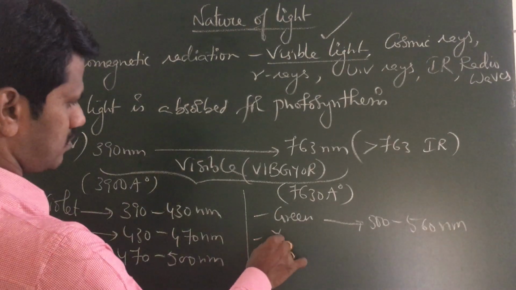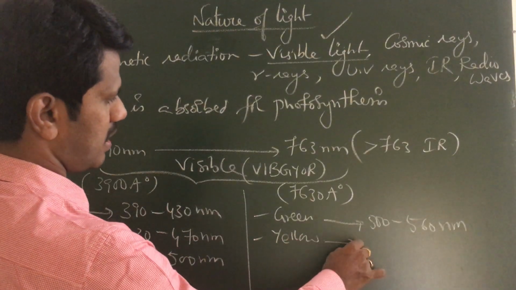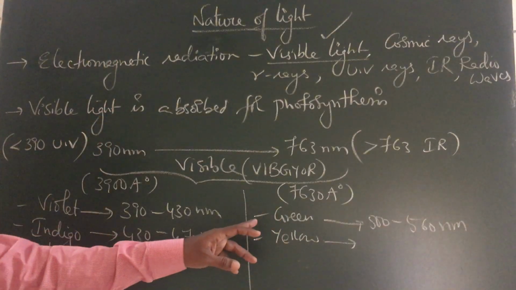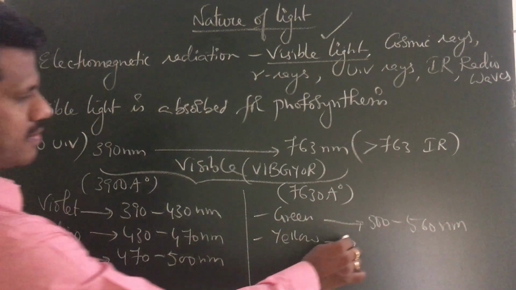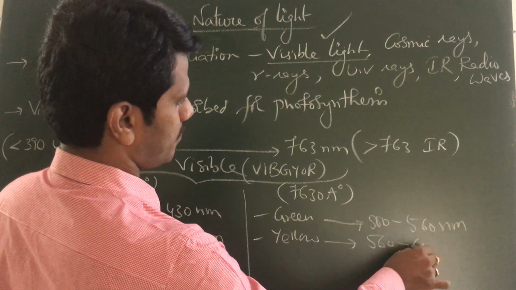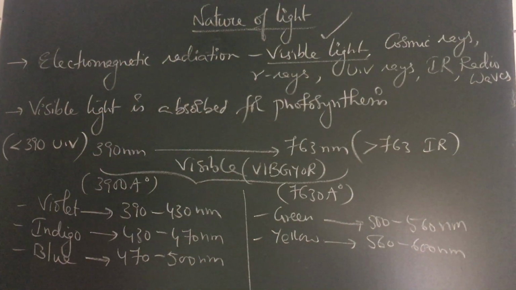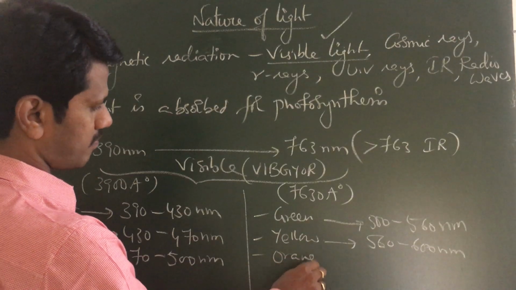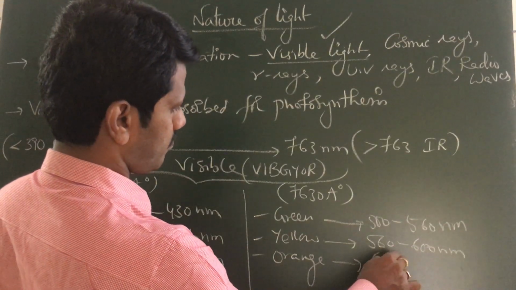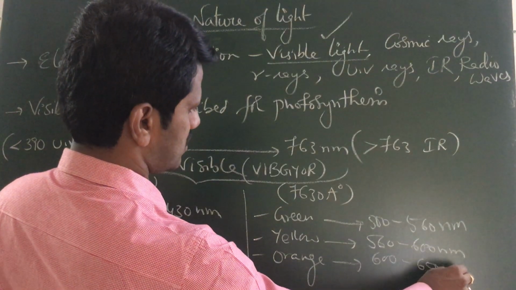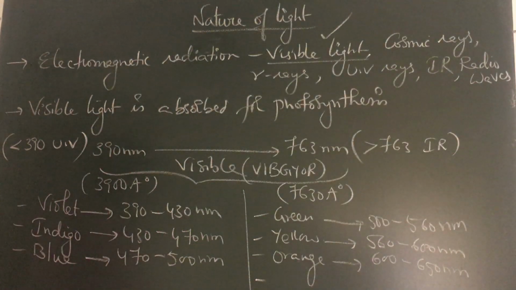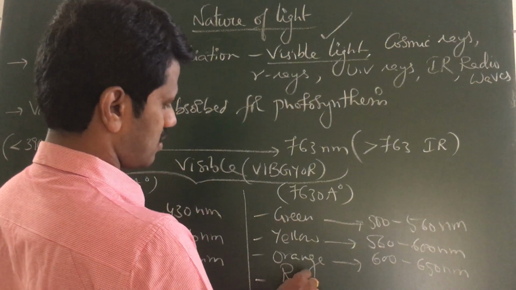Yellow is from 560 to 600 nanometers. Next, 600 to 650 is orange, whereas red is 650 to 760.